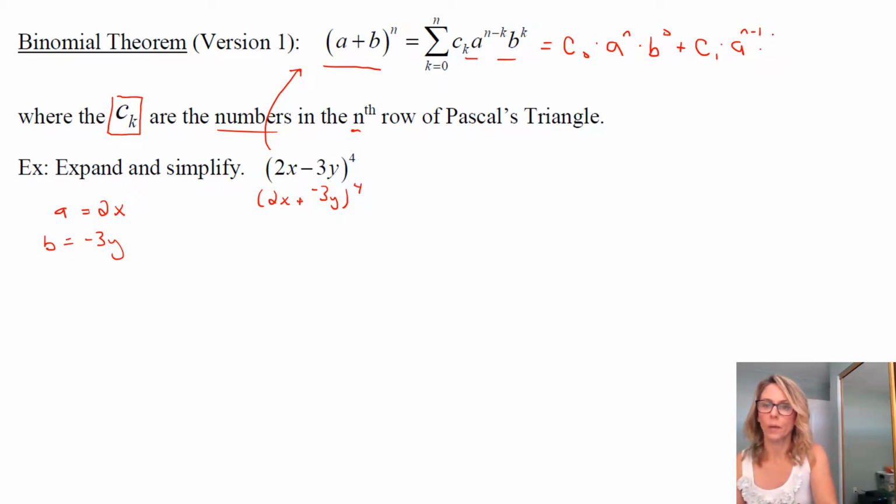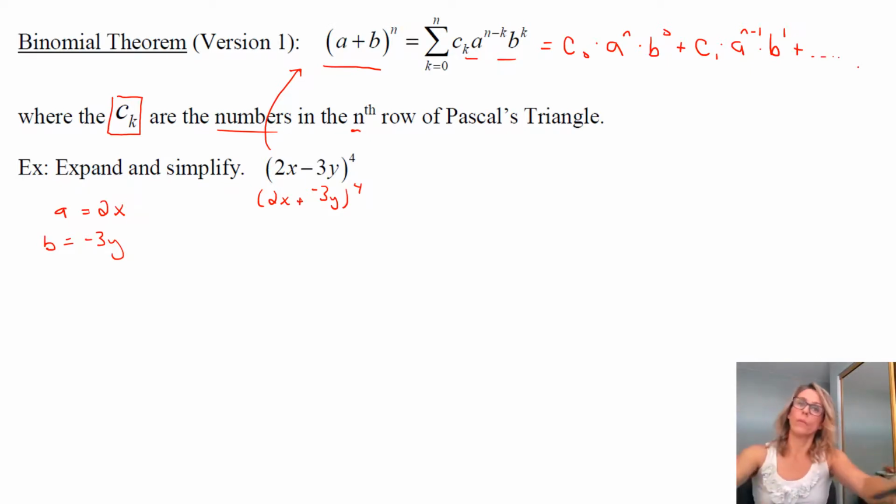Our b is going up in degrees, so it'll be b to the 1, and so on. So following this pattern, we can find out what the multiplication is very quickly without having to do this whole thing out and get all these terms and combine like terms and all this stuff.